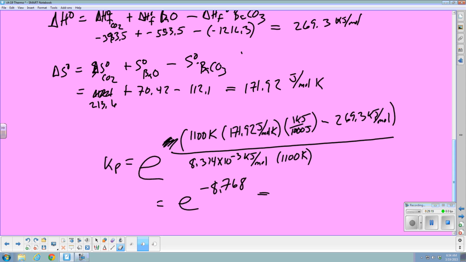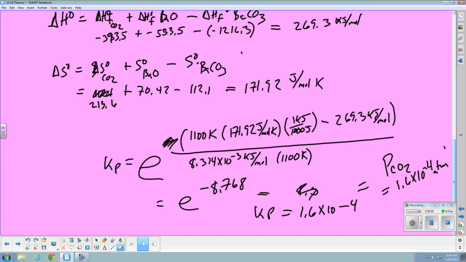Take the E of that, and you get 1.6 times 10 to the minus 4. That's my Kp, which also equals my equilibrium pressure of CO2. So my equilibrium pressure is 1.6 times 10 to the minus 4 atmospheres. Woohoo! That's it, folks. I hope you enjoyed thermodynamics.